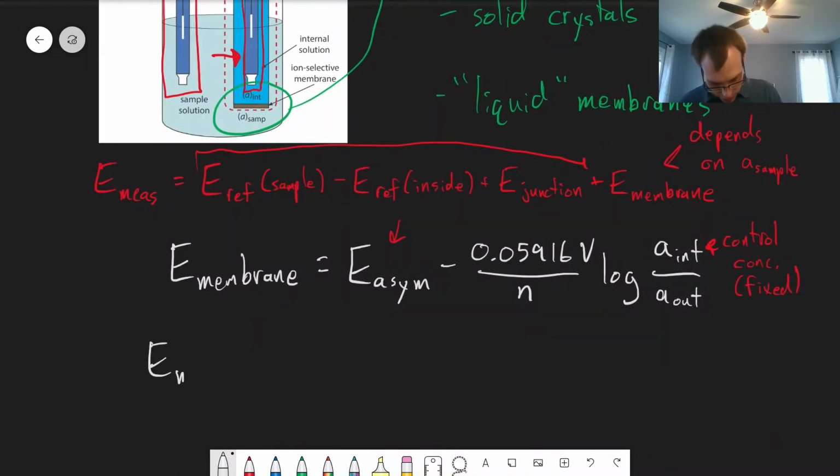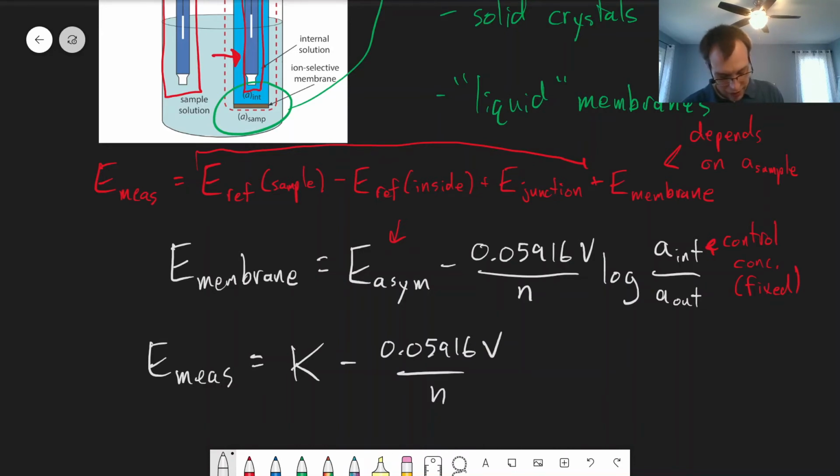And so what we can see is that overall, we're going to have E measured, I'm going to lump a lot of things together, equal to some constant we'll call K, minus 0.05916 divided by n volts, and K takes a lot of stuff into account, as we'll talk about in just a second, times the log of the activity of the outer solution, or what's called the sample in the figure.